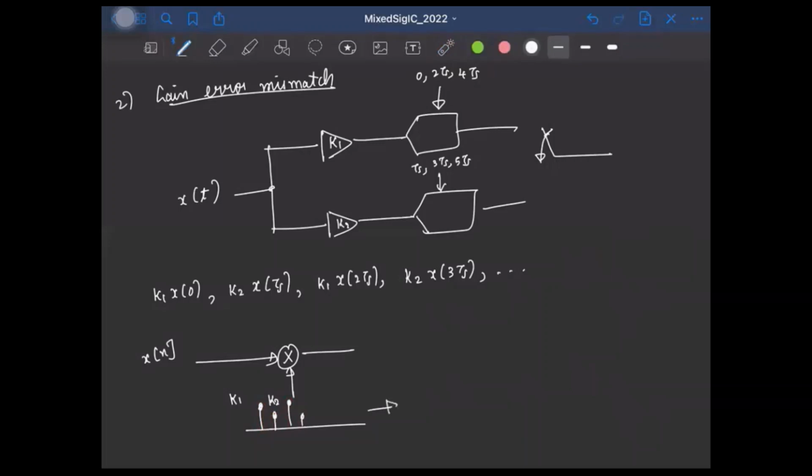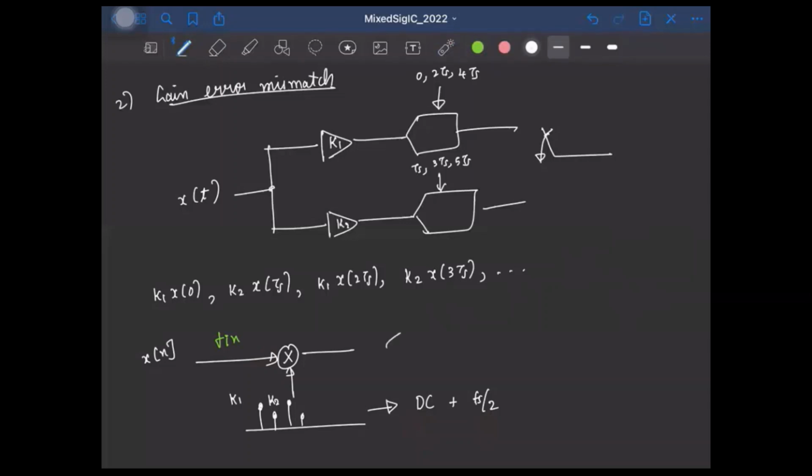So this can again be decomposed as a DC signal plus a tone at fs by 2. Okay. So now if the input has a signal component at fin, what will happen? The signal is getting multiplied by these two signals, right? So the spectrum will get shifted around these two frequencies, right? Because multiplication in time domain results in convolution in the frequency domain.